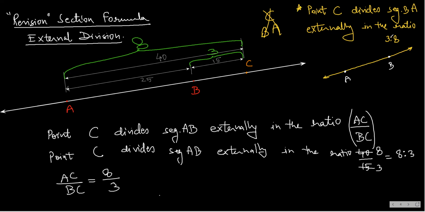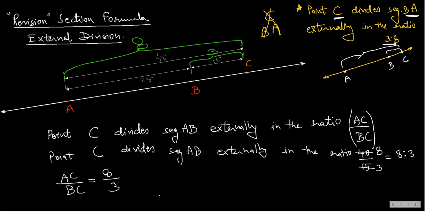So C to B is 3 and C to A is 8. C to B is smaller than C to A, so definitely C has to be here. So this is smaller and this is bigger. So students, in various ways, I have explained this part. I hope this is clear to you.